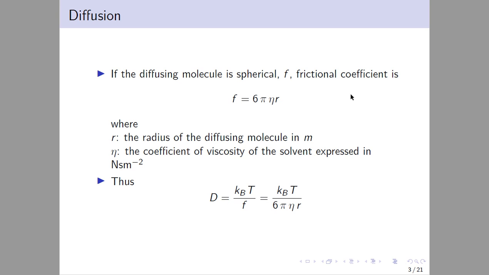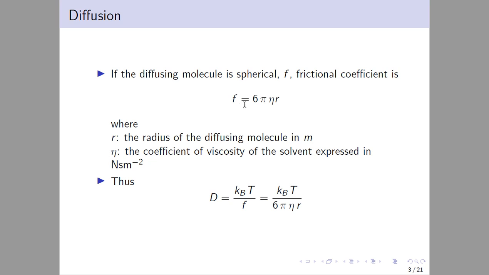If we assume that the molecule is in a spherical form, like a ball, the frictional coefficient for this shape is F equals 6 pi eta R, where R is the radius of the diffusing molecule in meters and eta is the viscosity of the solvent. The same molecule in a different solvent will have a different frictional coefficient.